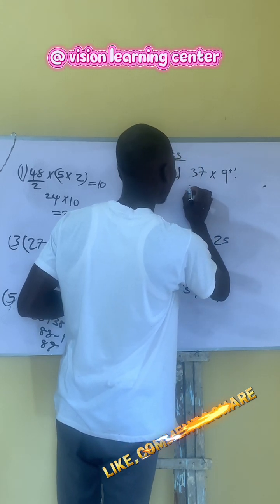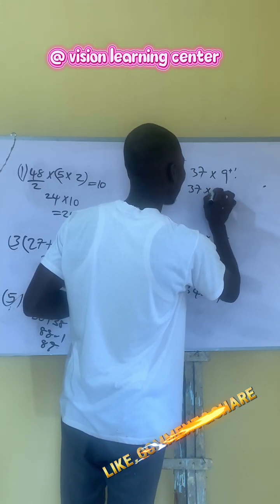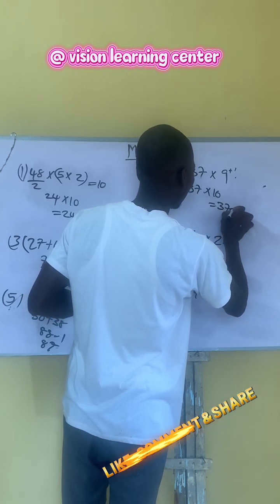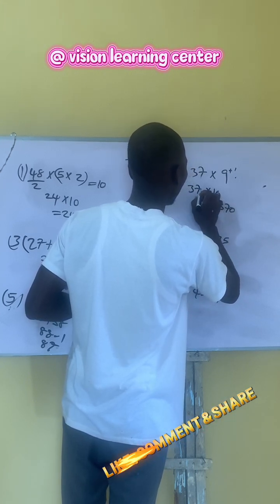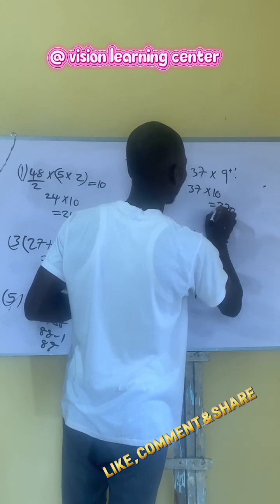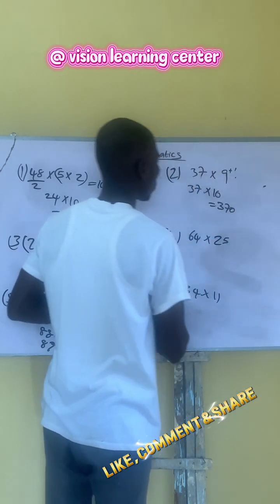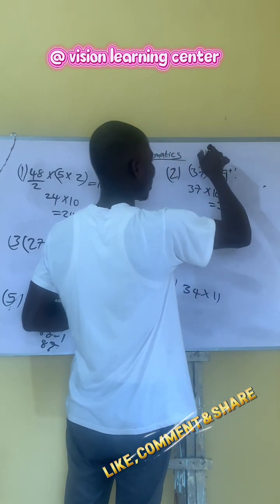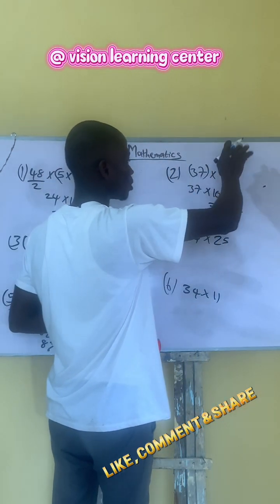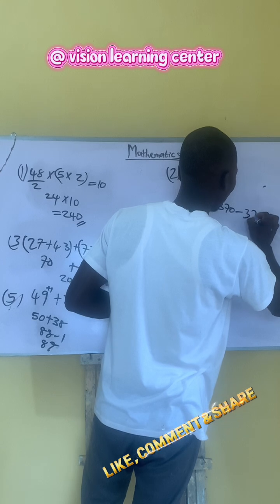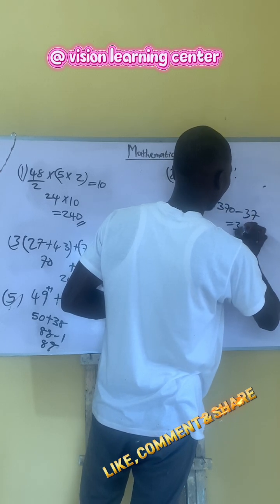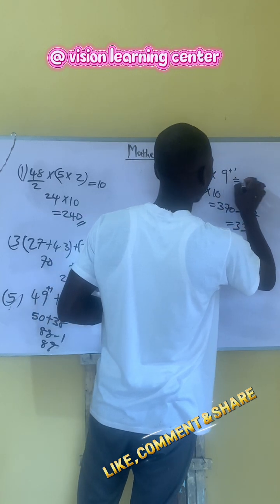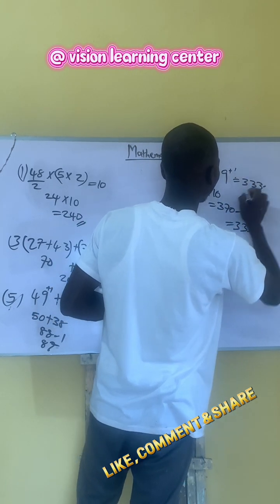We now go with 37 times 10, which will give us 370. Just carry this 0 and put it at the back of the 37. Then minus the number you are multiplying with 9, which is 37, will give us 333. So 37 times 9 will still give us 333.